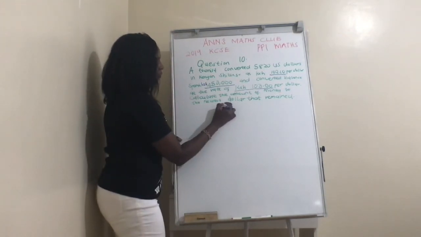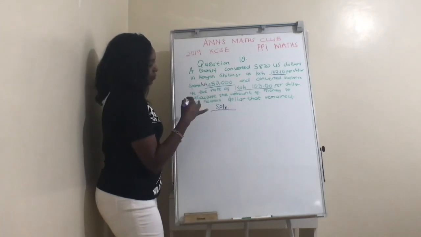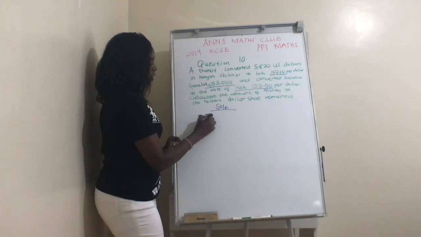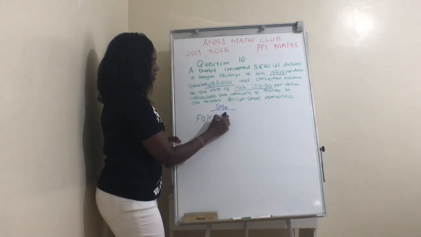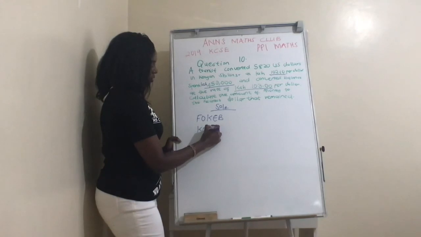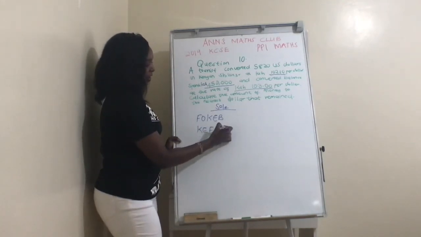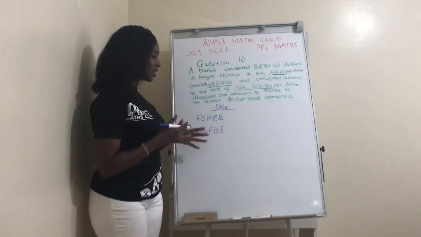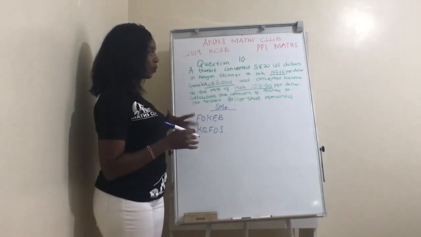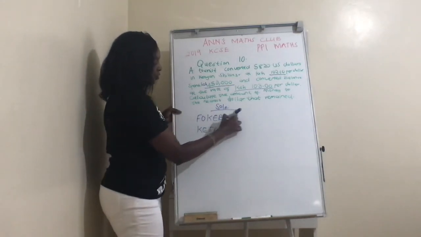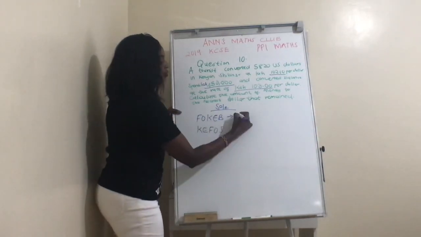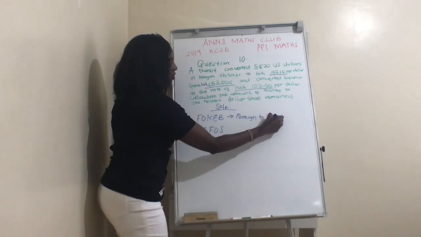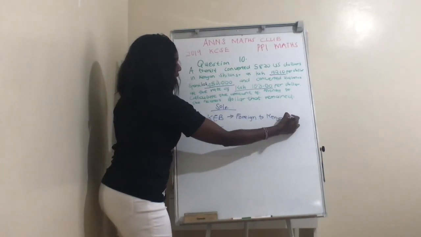So solution. Maybe you can use this formula. We have 4K and K4. This is just a simple formula that will help you remember when given such a question. So what 4K means: this is foreign to Kenyan, the buying price.